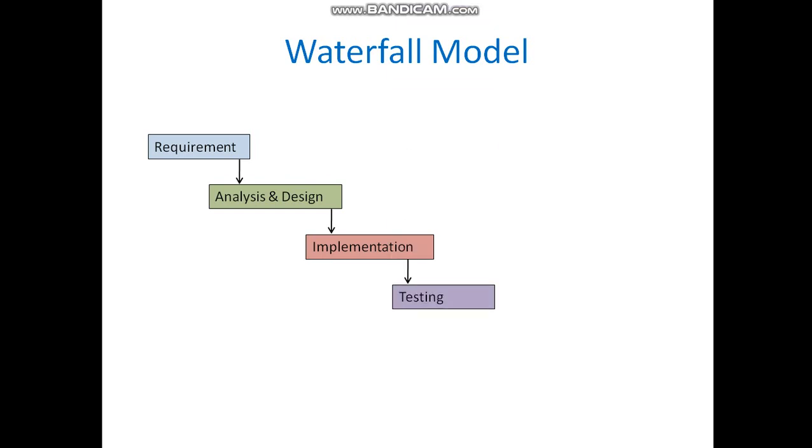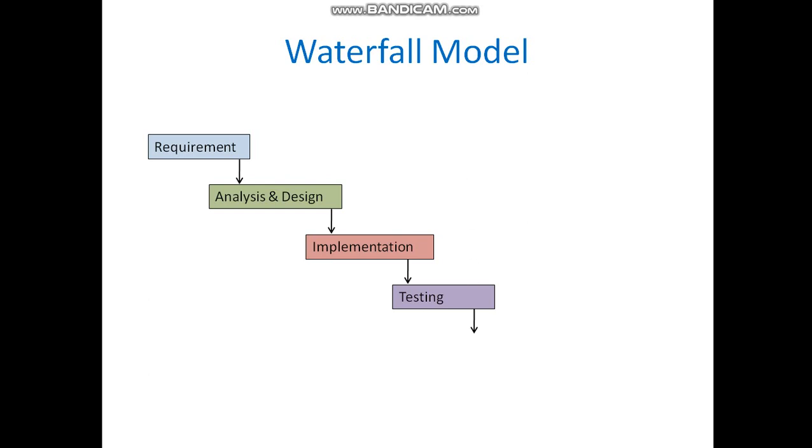Now after implementation, testing starts. Here different types of black box testing as well as white box testing are performed, and we can call this phase completely a verification and validation phase.